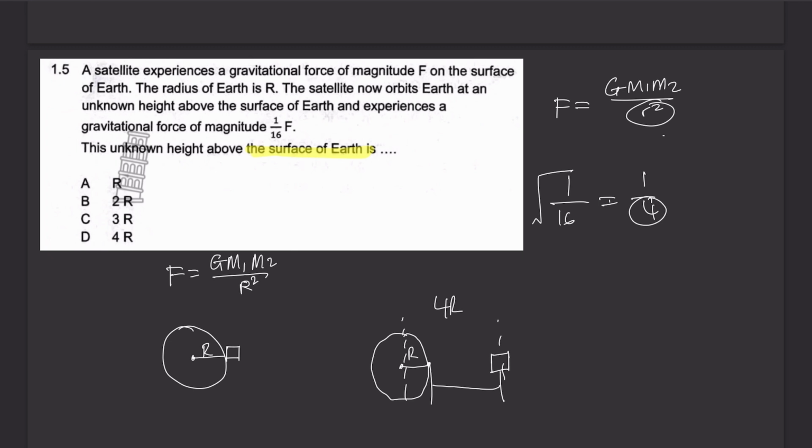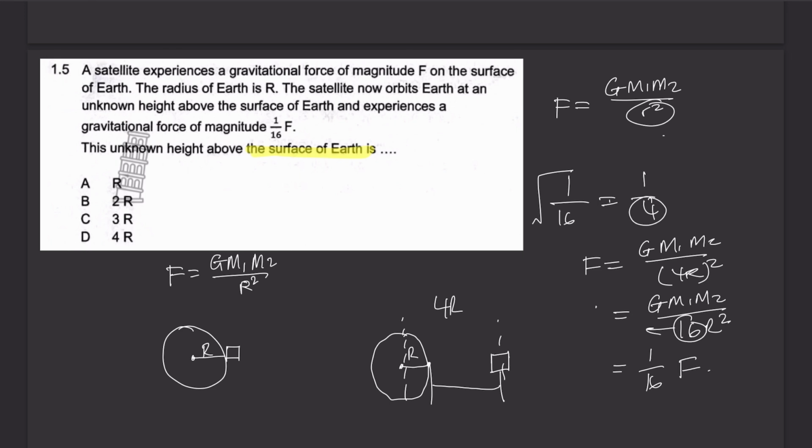We can obviously check this. We can say F equals G M1 M2 over 4R all squared. Then you'll get G M1 M2 over 16R squared. You can take the 16 to the front, and you'll get 1 over 16 F. So yes, we confirmed that it's 4R.